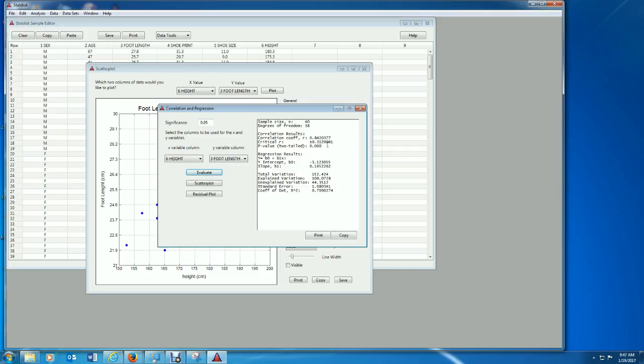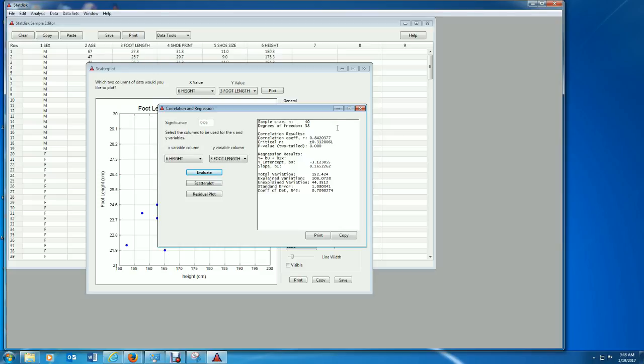There's the numbers we looked at before. So that will calculate the correlation coefficient R. It will tell me the critical value. All right. And then we have to know that, okay, this indicates that yes, there is a linear correlation because R is closer to 1 in this case. It's outside of that critical R.